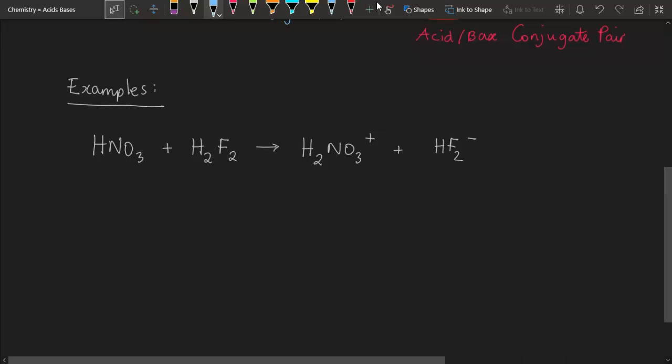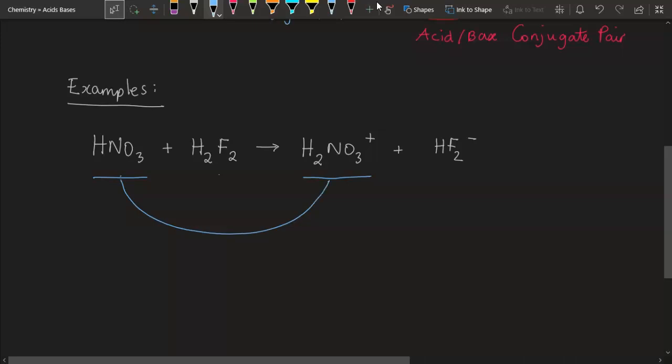So again, if I'm approaching this question, here's how I look at it. These two substances here, HNO3 and H2F2, are going to react. What I have to look at is the right hand side, and I look at H2NO3 and I say to myself, what's happened? Is there something on the left hand side that has changed into H2NO3? And clearly something has happened here. These have changed.